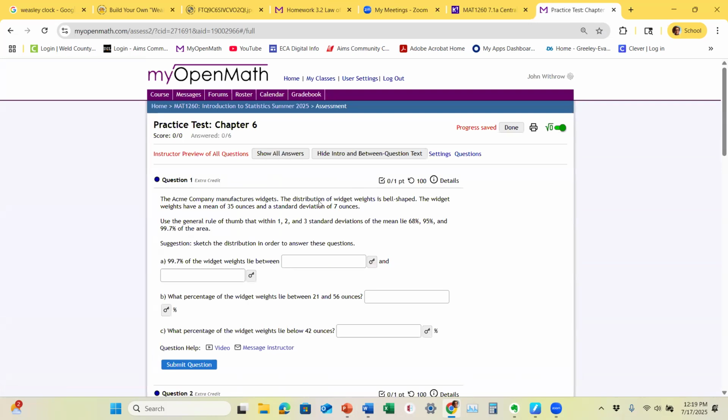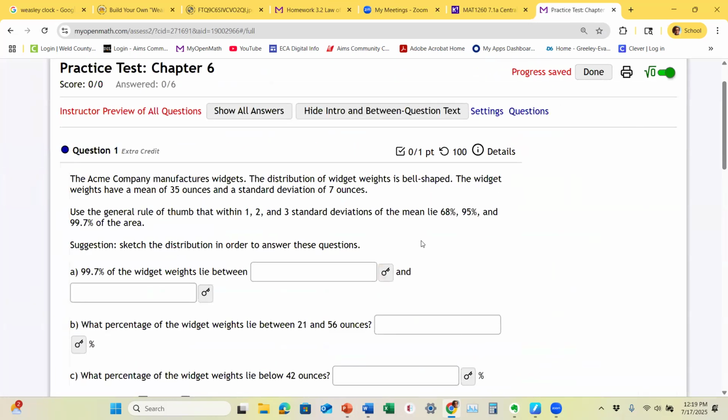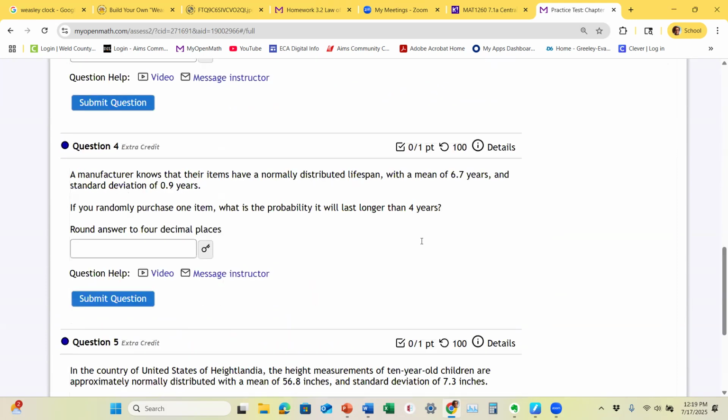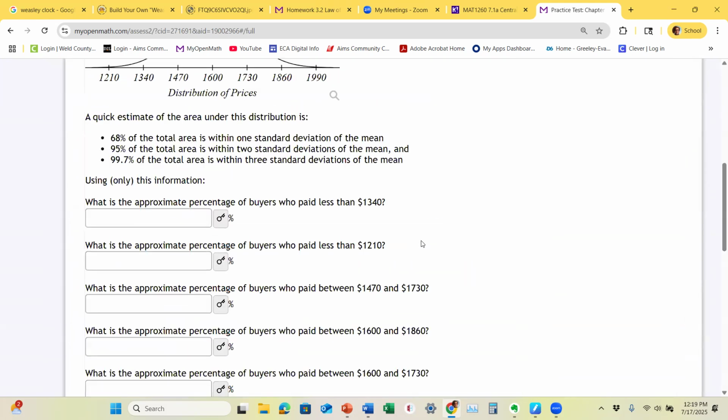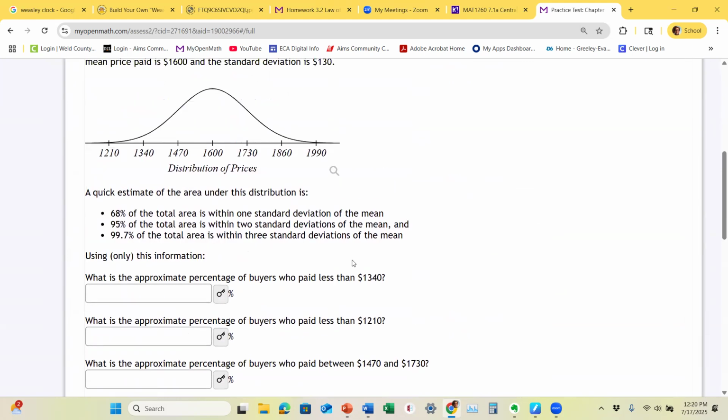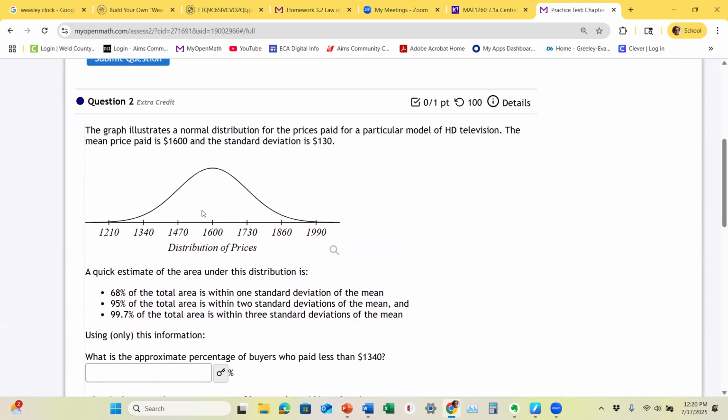But here's the practice test here, chapter 6. Oh yeah, this one right here. Quick estimate of the area under this distribution, 68% of the total area is within one standard deviation. So here's the center right here. This is one standard deviation right here.